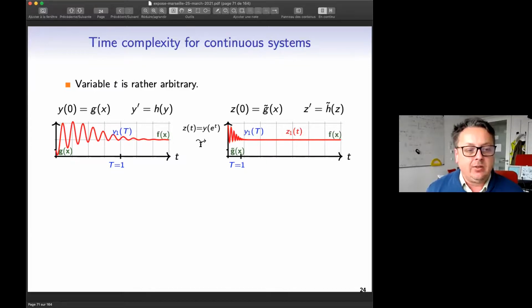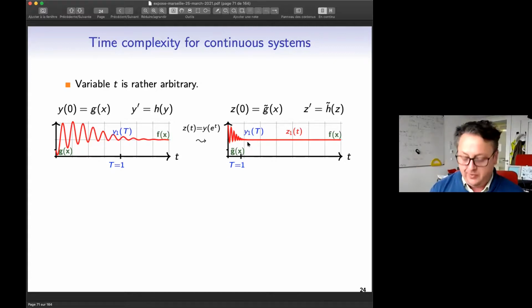So instead of computing y, the trick is that I could compute y of exponential t. So I'm using an exponential speedup. And observe that this new equation can still be programmed and plugged. So if it took me time 1 to do something, then now it computes exponentially faster. So time can be contracted.